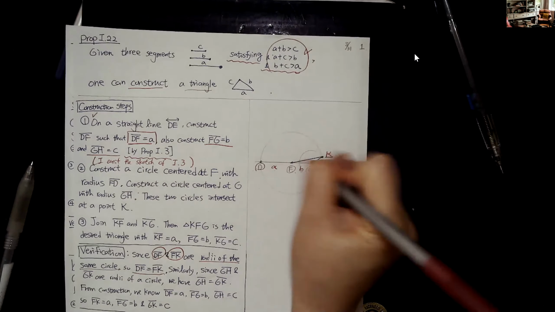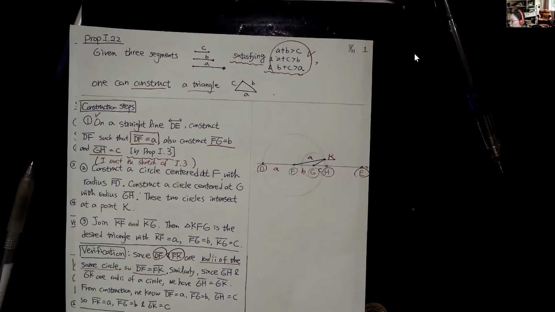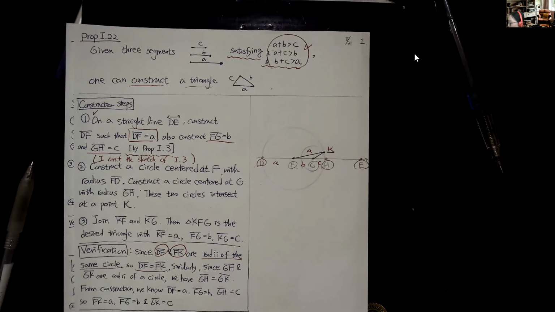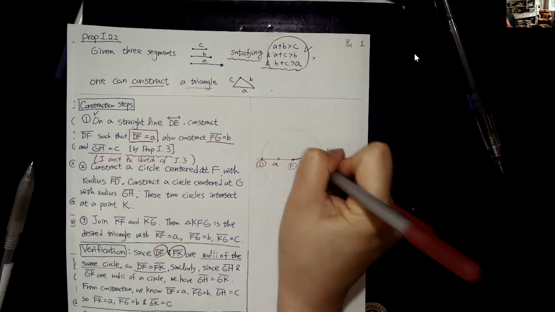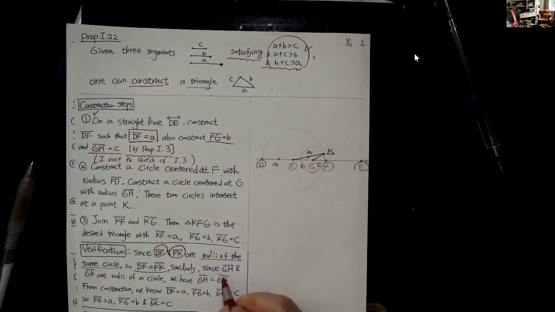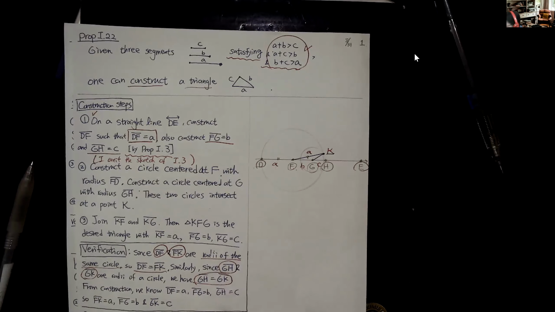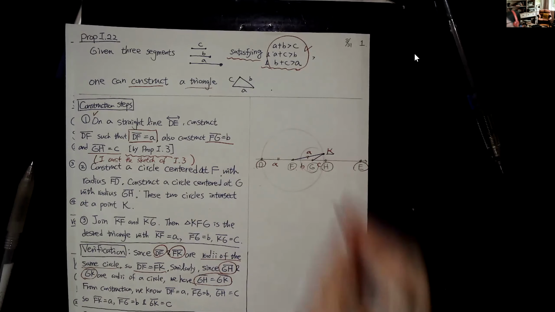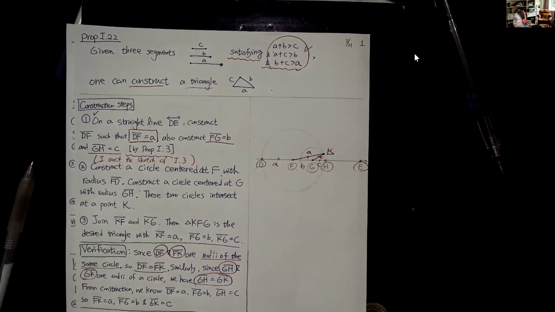Right away, you know that FK is the same as A, because DF equals A. We do the same thing: GH and GK are both radii of the smaller circle, so by definition GH equals GK. That means we have a C here.